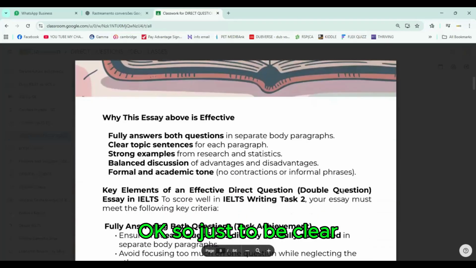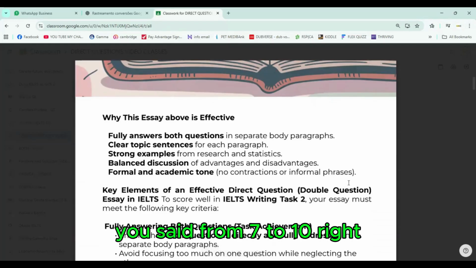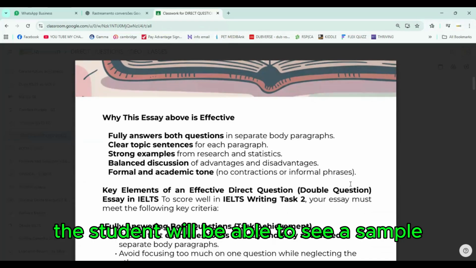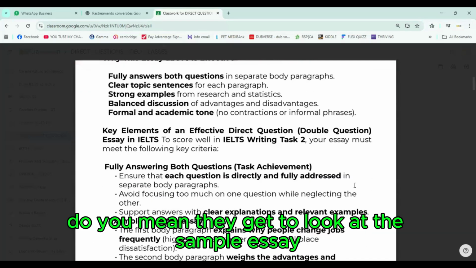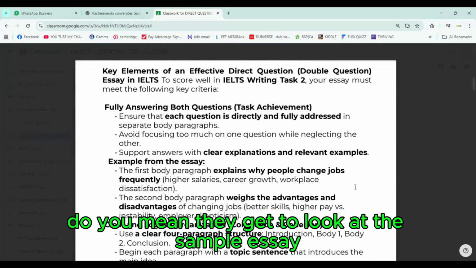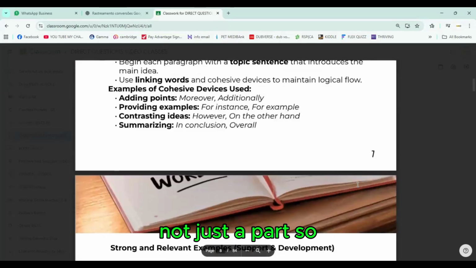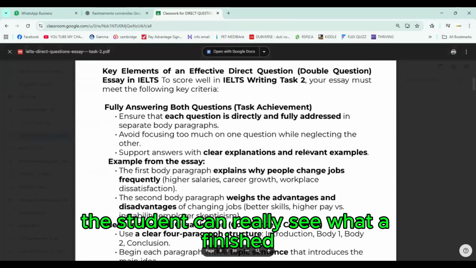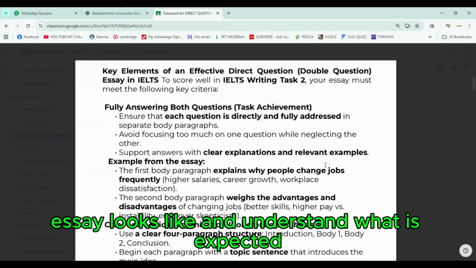Okay? So just to be clear, from page 7 to 10, right? During that time, the student will be able to see a sample. It will be a complete essay, not just a part, so the student can really see what a finished essay looks like and understand what is expected.